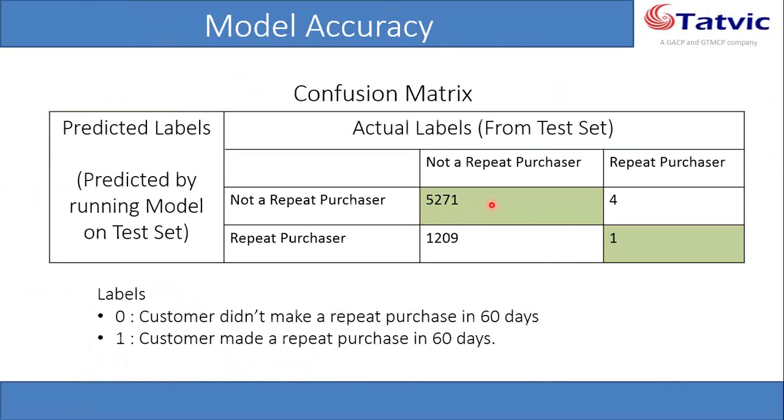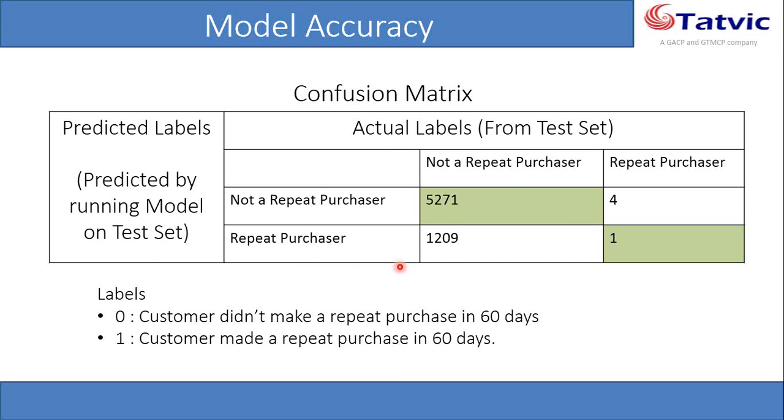So I just copied the confusion matrix from R itself, and if you see here, actual labels are the right answers for the test data frame. They were contrasted with the predicted labels. We got them by running the model on the test data set.